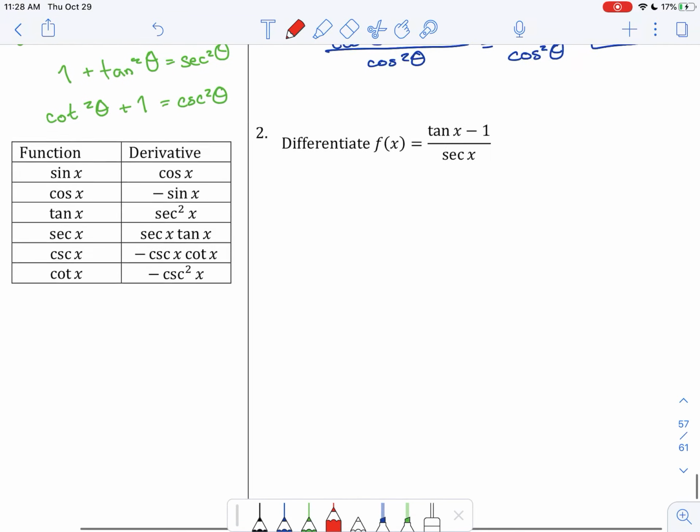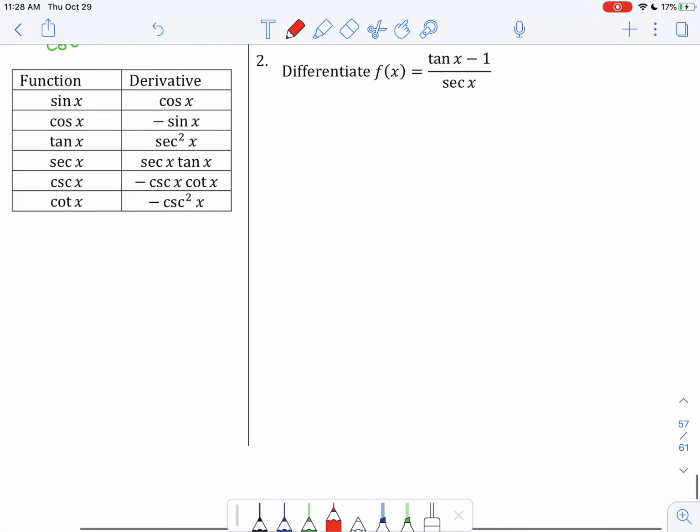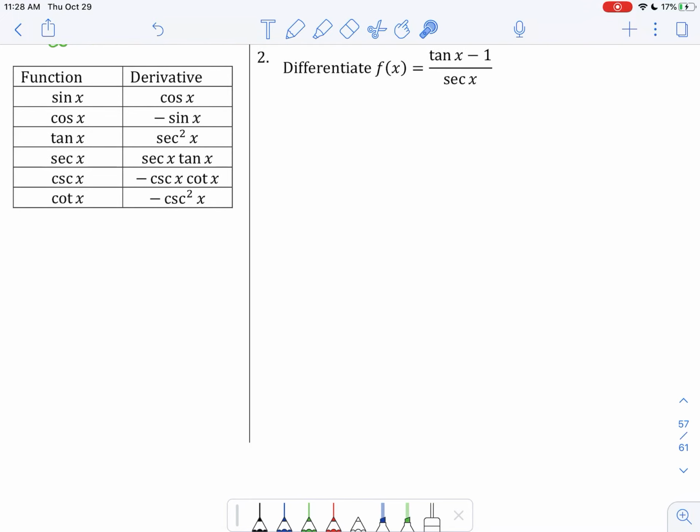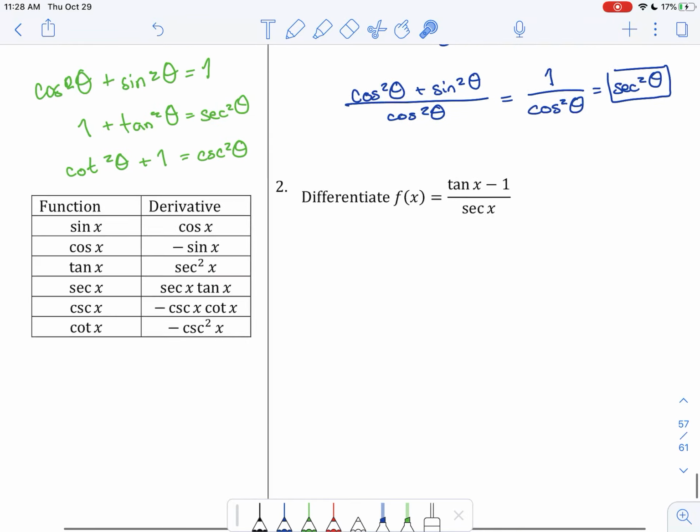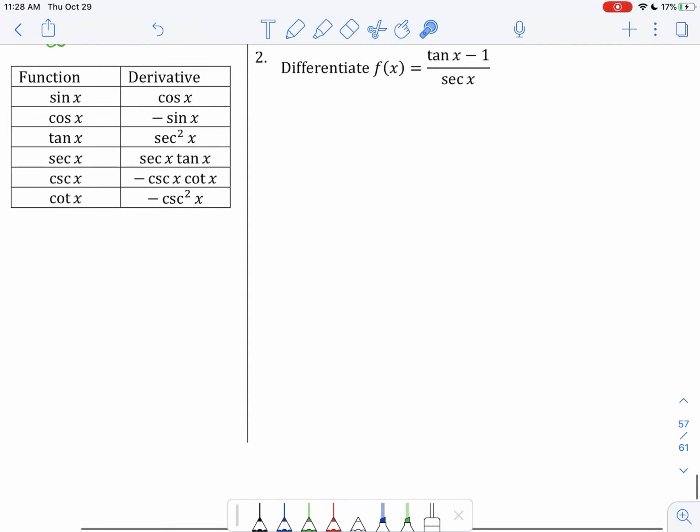So now in number 1, there you go. Here I've also included a table, which again, I just recommend having available and ready for you as you work through things. So we're looking here, we have our function and its derivative, so sine, derivative is cosine, cosine negative sine, tangent, as we just found, is secant squared.